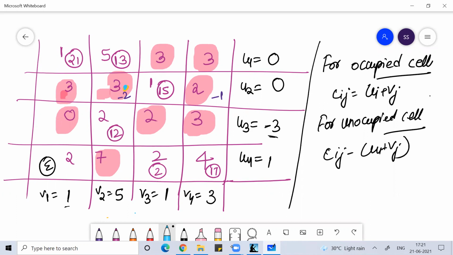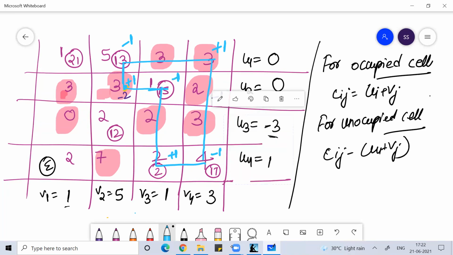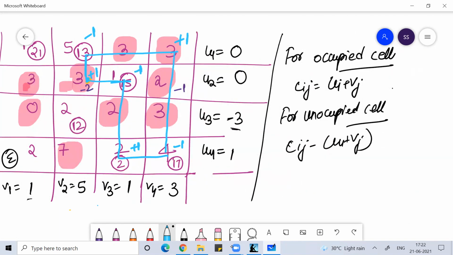So how can I create a loop? You can see this, I can create a loop. The signs are plus, minus, plus, minus, plus, minus. Once you are done with this, whichever cell has the negative value, we'll call it theta.